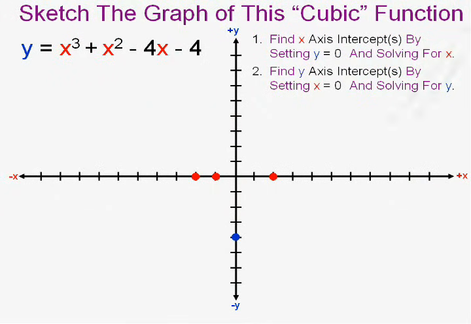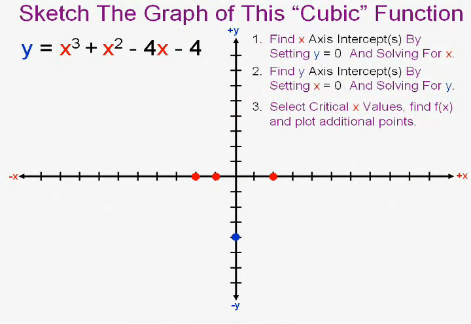Step 3. Well, now we're going to select other, what I would call critical points, and this is the tough part, to find that spaghetti shape, if you would. Okay, what are critical points? Well, the first critical point, I want to know how am I going to get on this graph from maybe this point to this point. So I need to pick an x that's between those two.